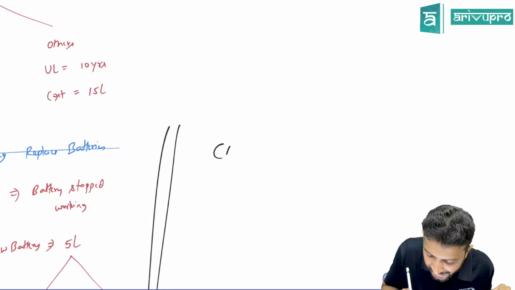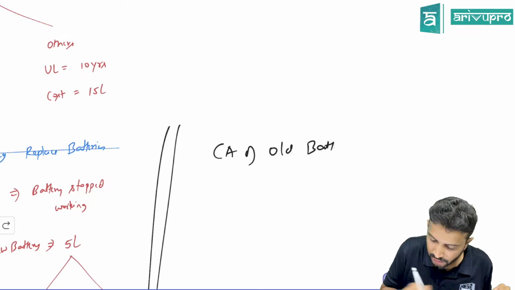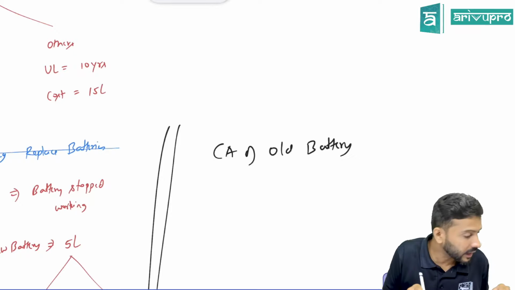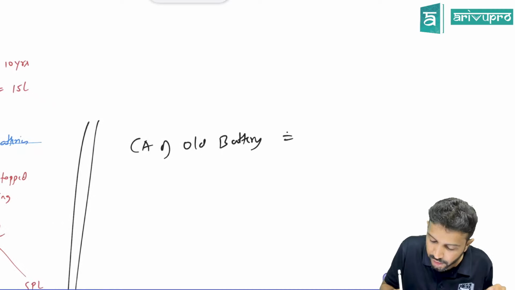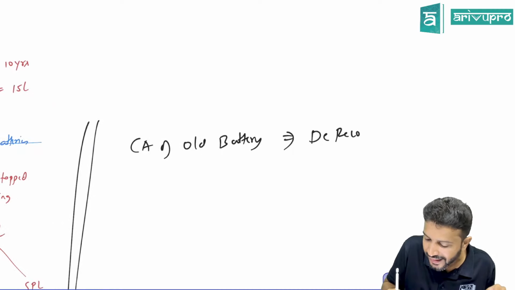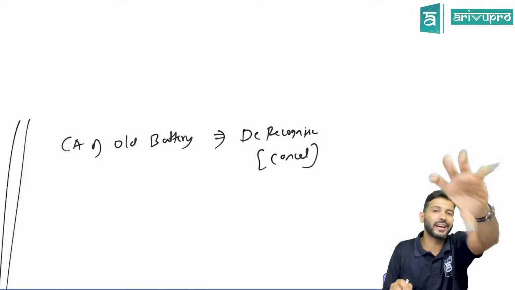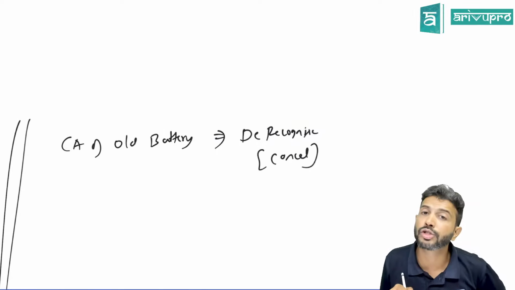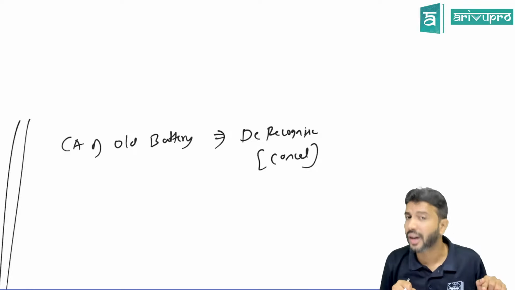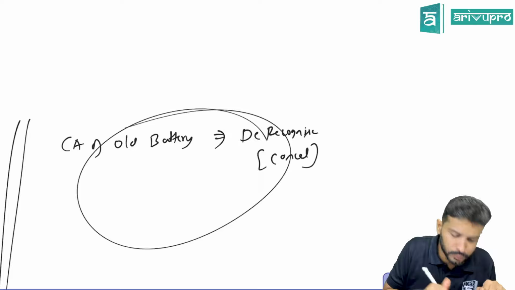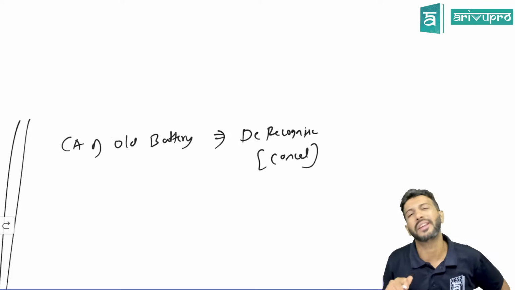So if you have any carrying amount or book value of the old battery still remaining, we have to de-recognize it. De-recognize means we have to cancel it or take it off from the books. Understood, everybody? Since the old battery is removed from the car, the book value of the old battery also should be removed from the books. That is what we need to do.